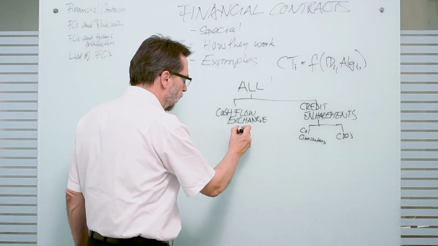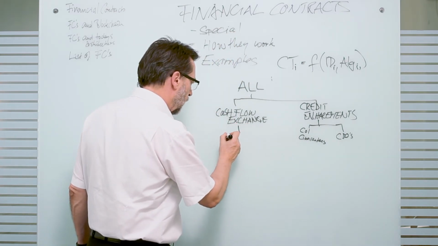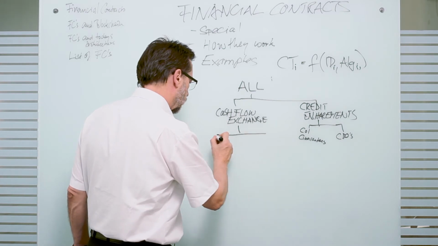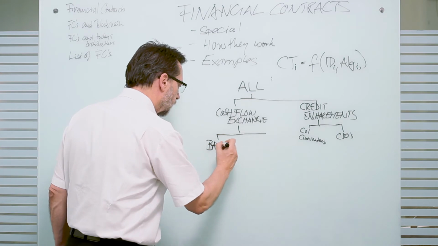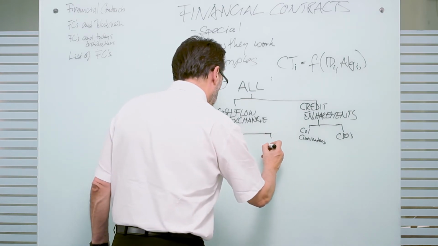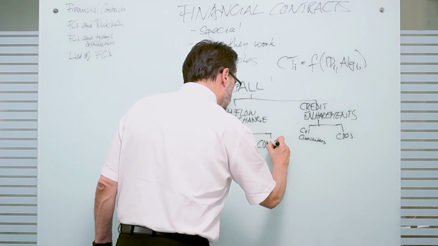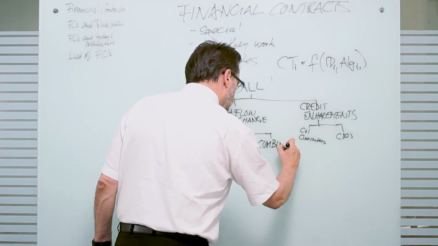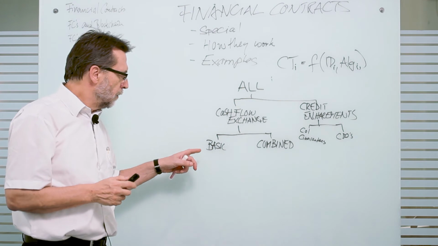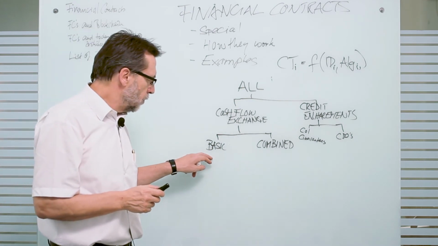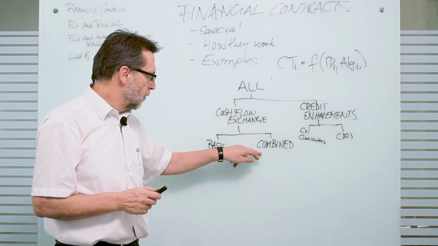In the cash flow exchange, we have here first what we call basic contracts, and then we have combined. The first group we call the basic group, the second the combined.